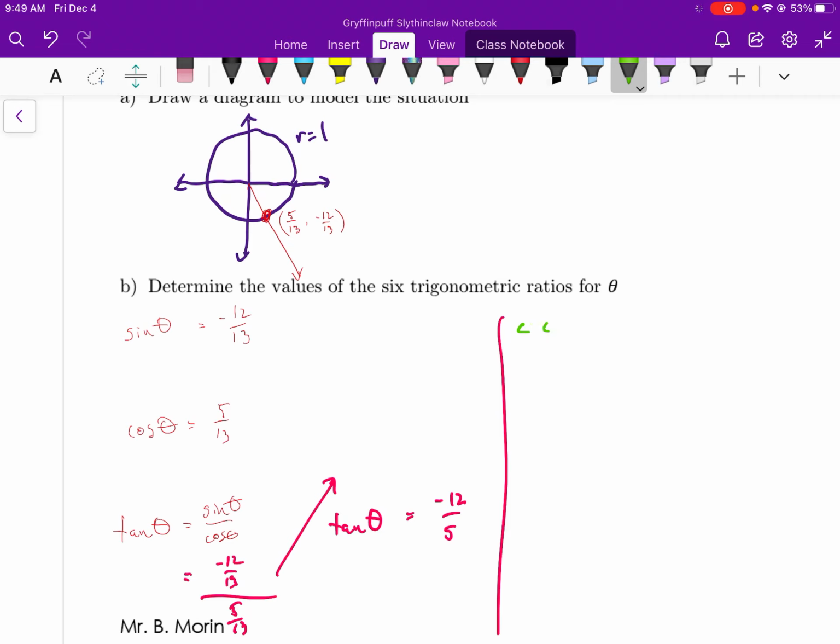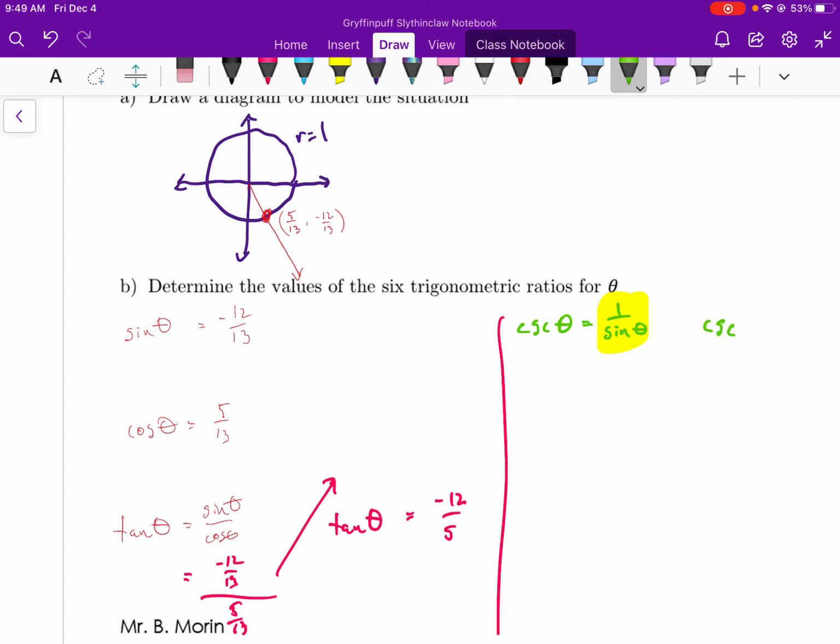And I know that cosecant theta is equal to 1 over the sine of theta. Now, let me just highlight something. I'm going to ask you, how would you say the highlighted portion in English without using any mathematical technology? Well, maybe so. The easiest way to say 1 over sine theta is to call it the reciprocal of sine. And it's really quite intuitive for students to take the reciprocal.